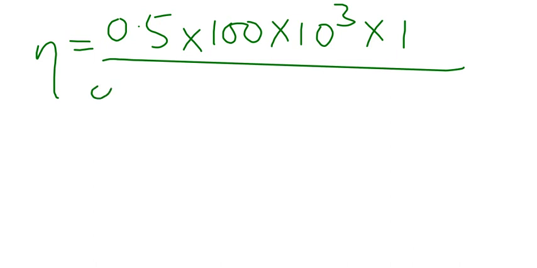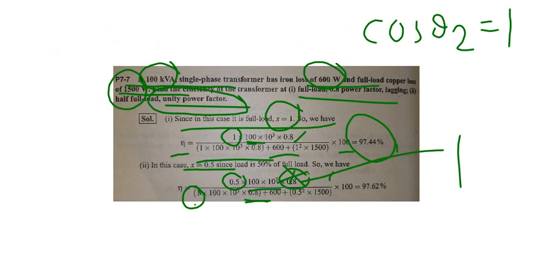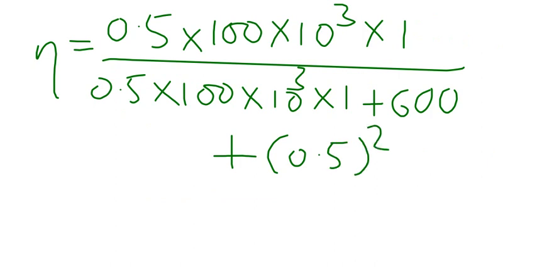In the denominator also you have 0.5 into 100 into 10 to the power of 3 into 1. Iron loss is fixed at 600, that doesn't change. Copper loss is now 0.5 square into full load copper loss, that is 1500.